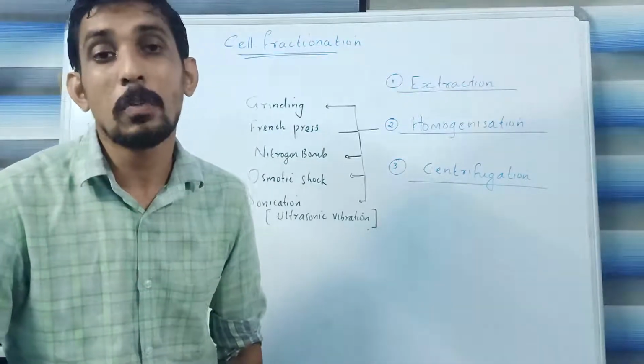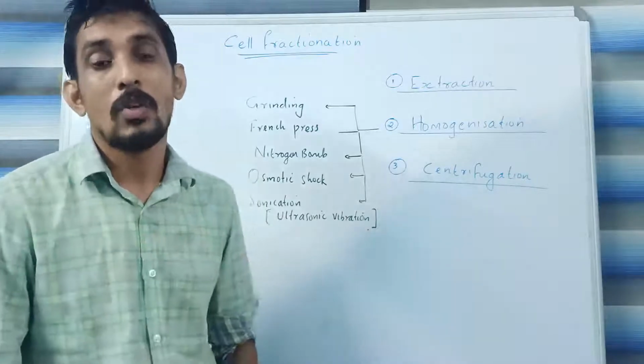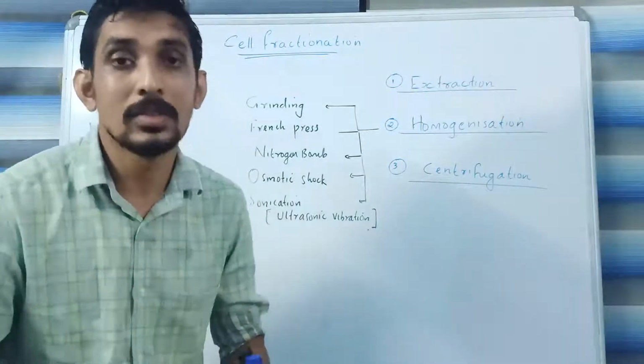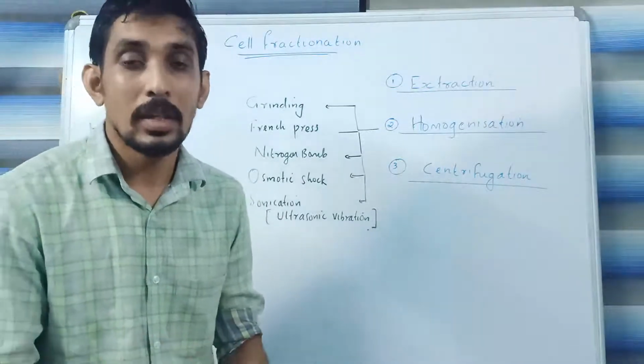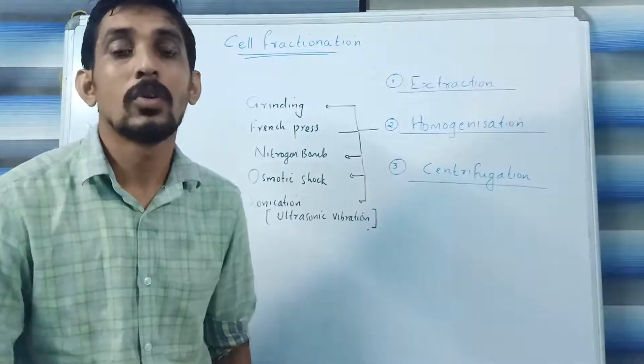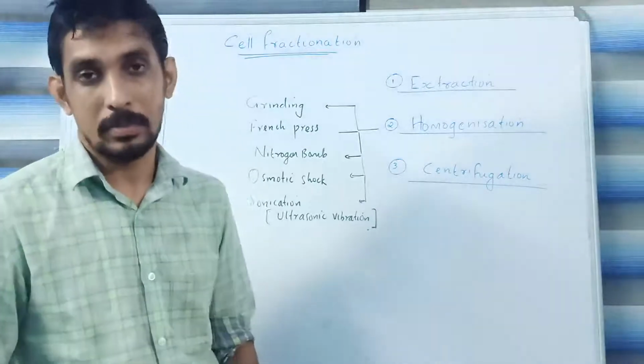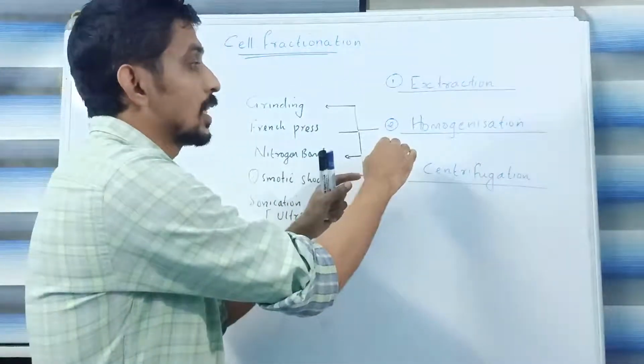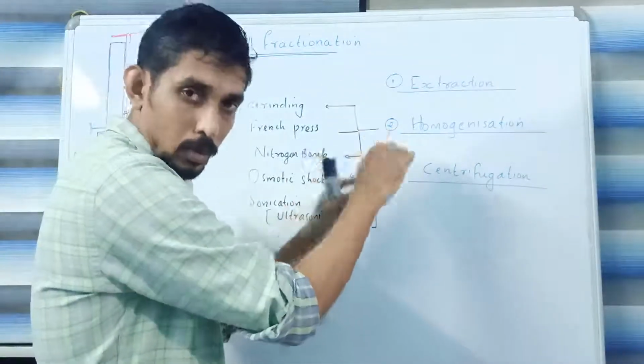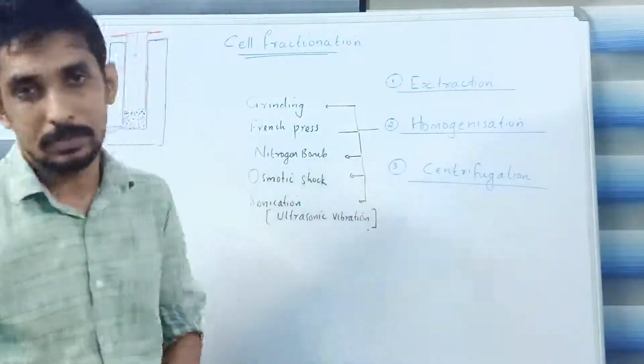We know that cytoplasm is not a homogenized solution, so we make it homogenized by breaking the cell wall and cell membrane. We can do this by different methods.